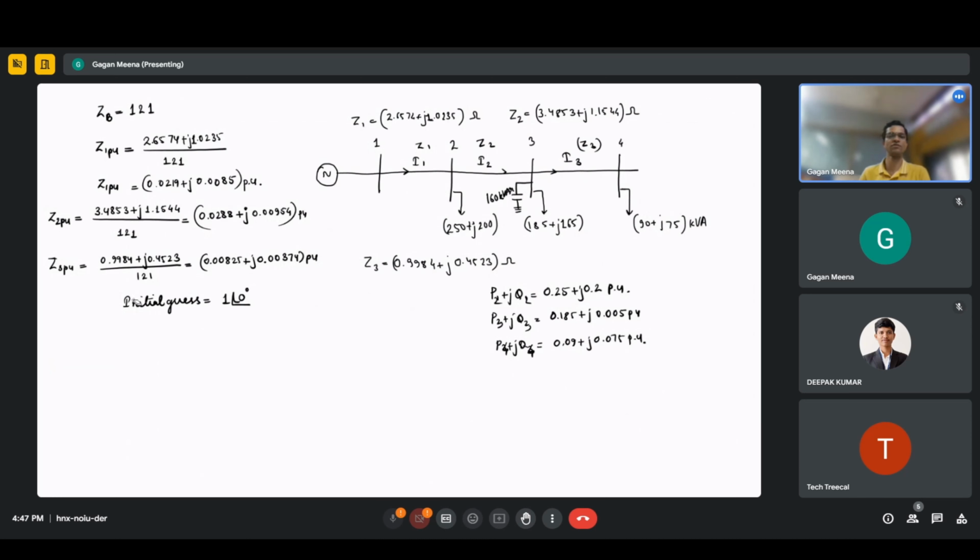So we know I1, I2, I3 we have calculated. I3 is the same as I4, and I4 is 0.09 minus j0.075. So what will be the loss in branch 3, the active power loss? It will be I3 square R3. So this is P loss 3.